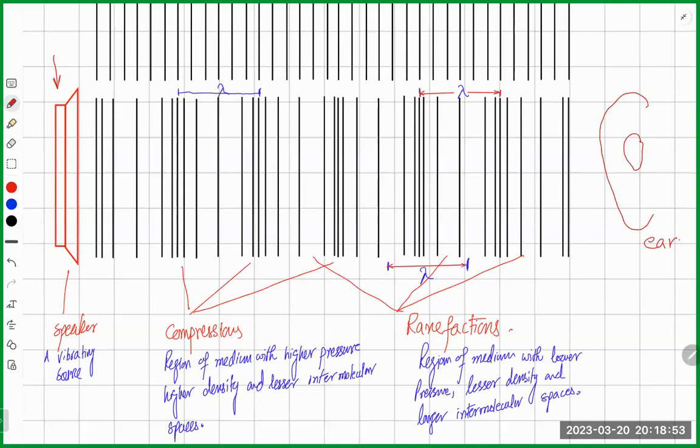So lambda, which is wavelength, can be from the center of rarefaction to the center of rarefaction, or the center of compression to the center of compression.